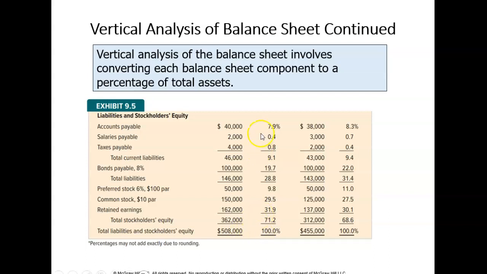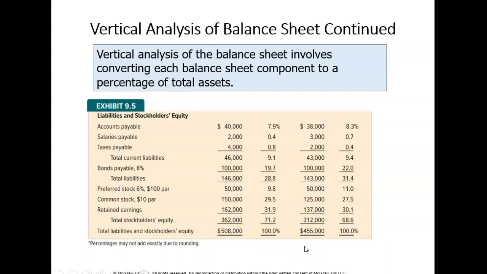Now notice that for the current liabilities, this is those three amounts added all together. And the same would be for your long term. So liabilities represent 28.8% of total liabilities and equity, whereas stockholders' equity represents 71.2% of the total liabilities and stockholders' equity.